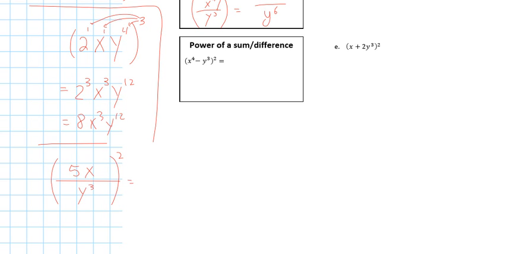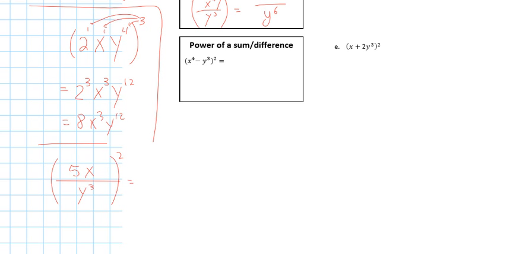So the 5 will not be to the power of 2? I'm asking. 10x to the power of 2? 5 to the power of 2, x to the power of 2, divided by y: between the brackets is y to the power of 3 multiplied by 2. So y to the power of 6, you mean? Yes.